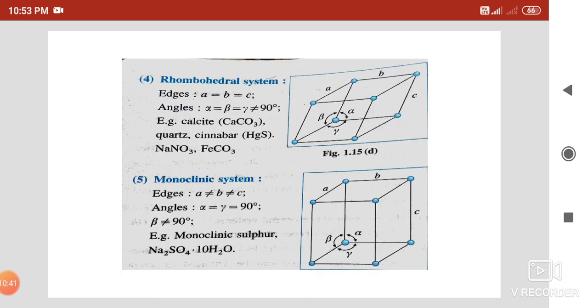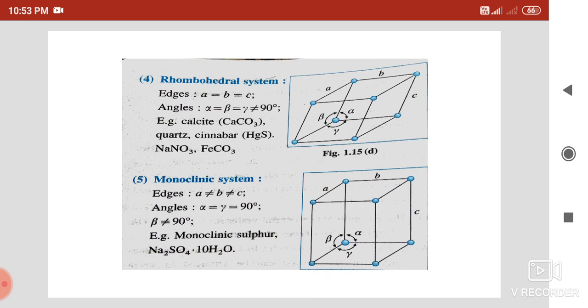Now the fourth type of crystal system is the rhombohedral system. In this system the sides A, B and C are all equal, but of the angles alpha, beta and gamma, alpha and beta are the same but gamma is not.